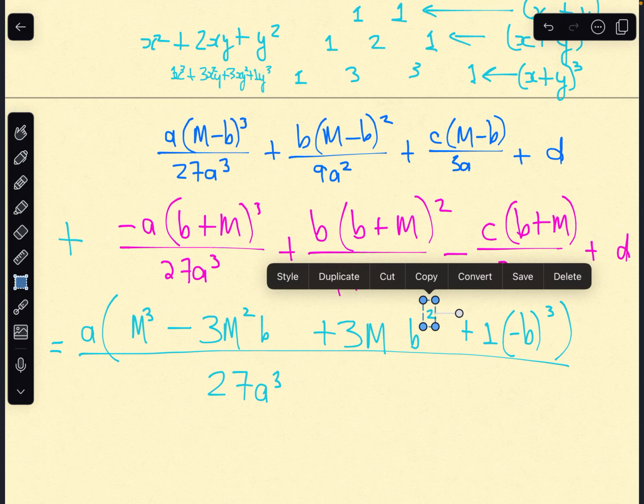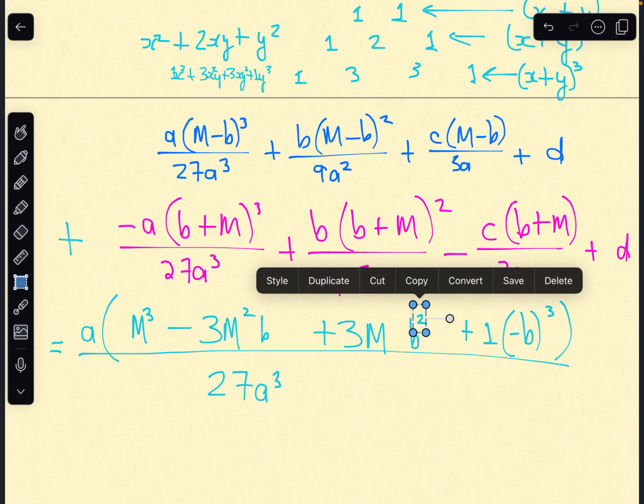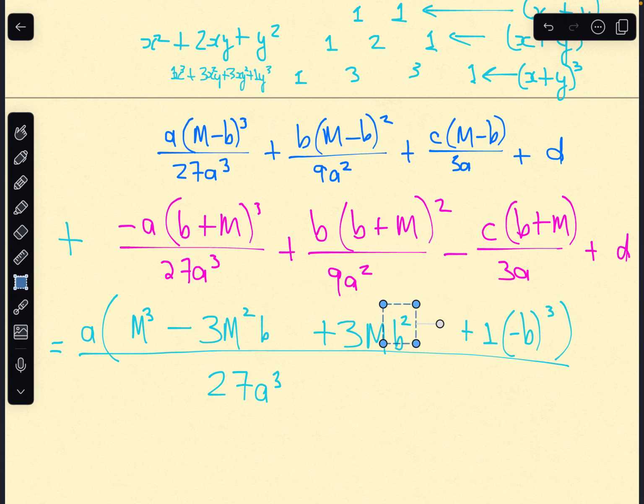And then lastly here we have minus b cubed, so that's going to become a negative term now. Okay, so that's our first one done and dusted.